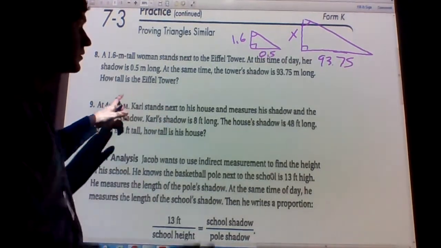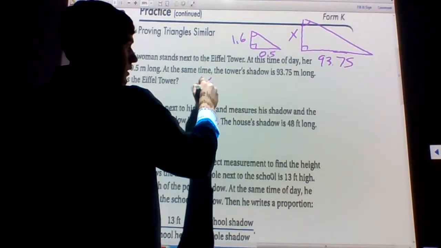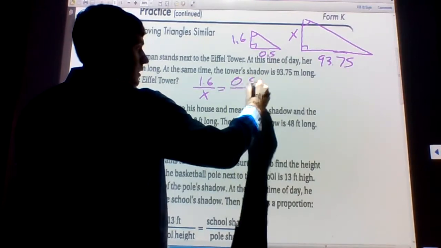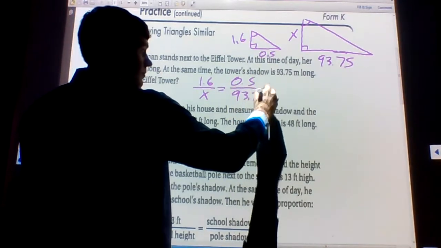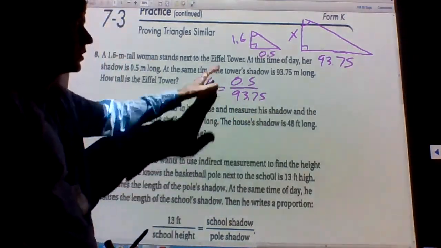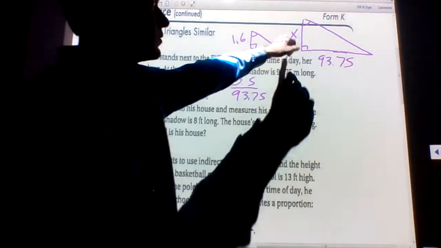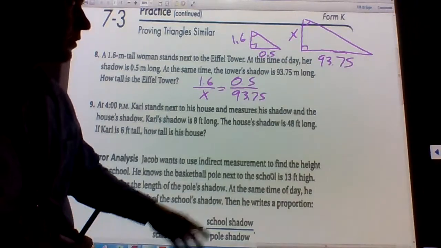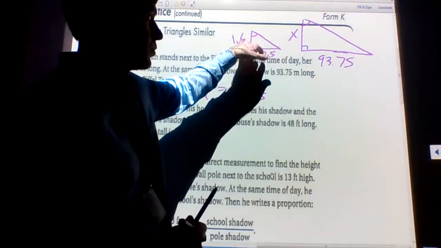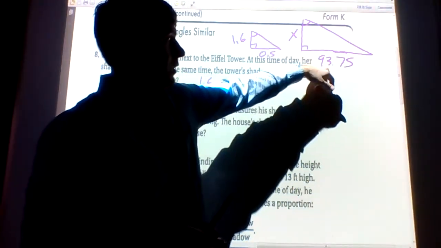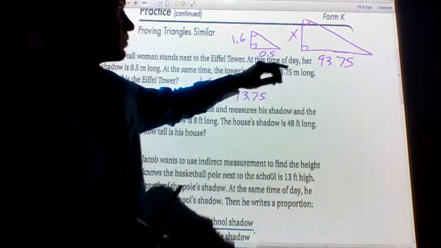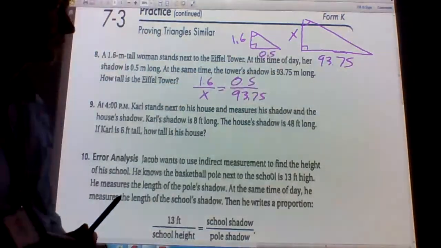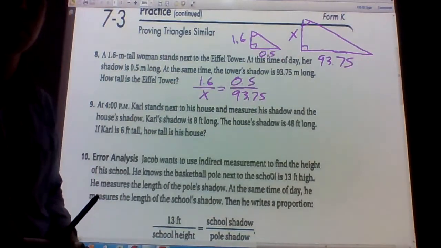So the height of the woman relates to the height of the Eiffel Tower, just as the shadow of the woman relates to the shadow of the Eiffel Tower. You could have also done 1.6 divided by 0.5 equals x over 93.75. That would work as well. And then the other way is 0.5 over 1.6 equals 93.75 over x, or x over 1.6 equals 93.75 over 0.5. All four of those proportions will get you the same answer.